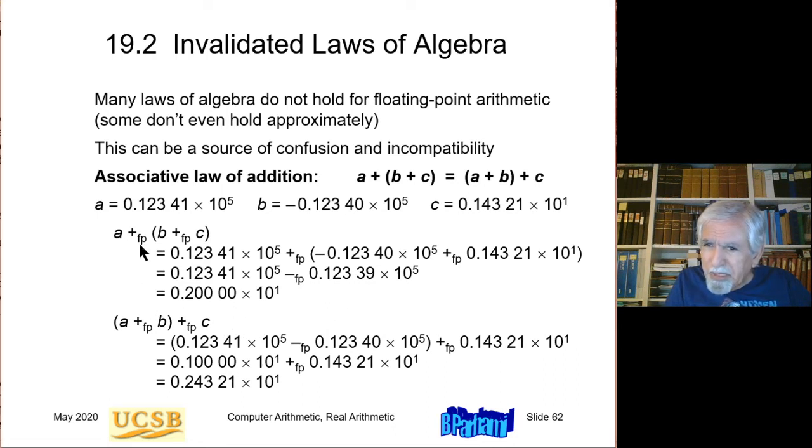So here's the numerical example. If you do B plus C first, you shift C, so 1, 2, 3, 4, 1, 10 to the 5. I'm doing B plus C first.